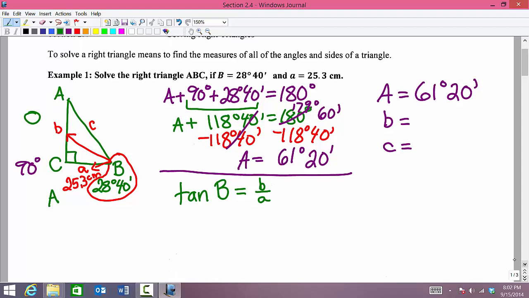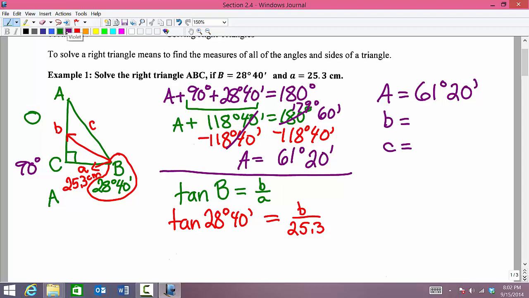We're going to set up our trig equation. We know angle B is 28 degrees 40 minutes. We know that equals opposite over adjacent, so side B, well, I don't know side B, but I do know side A, 25.3.